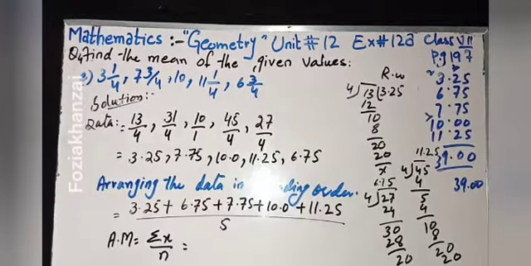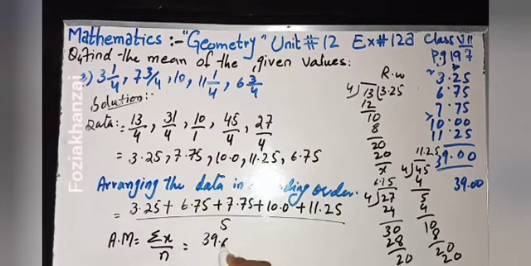Now arrange in ascending order: 3.25, 6.75, 7.75, 10.0, 11.25. We add them, after adding the answer is 39.00. Now count the total number of items: 1, 2, 3, 4, 5. So divide by 5. 39.00 or 39, both are the same.